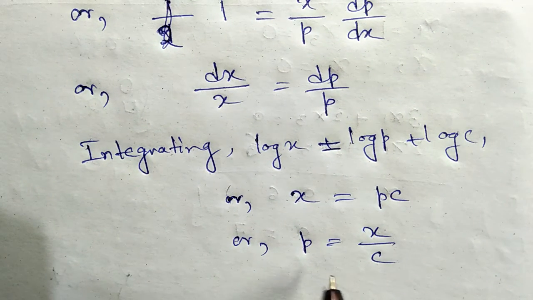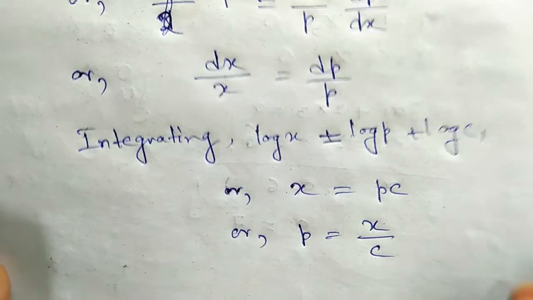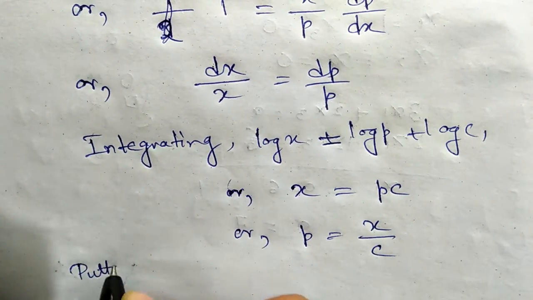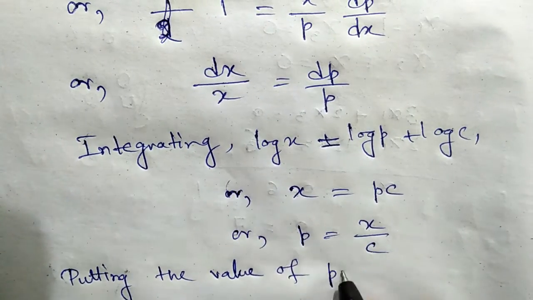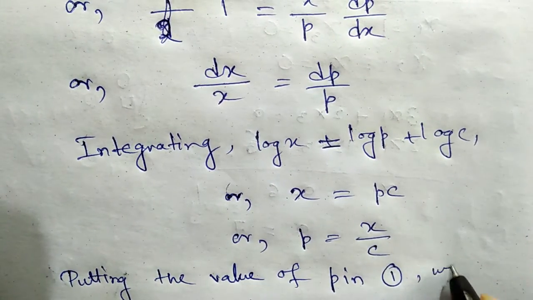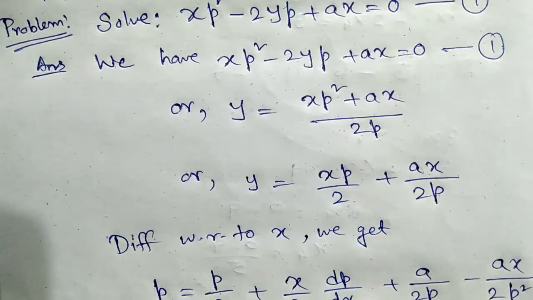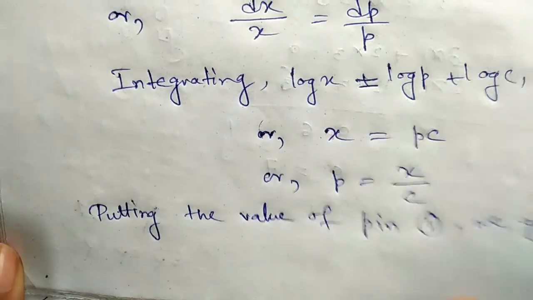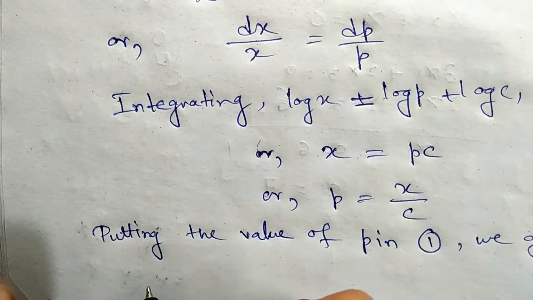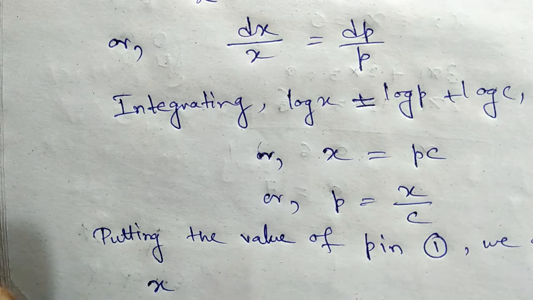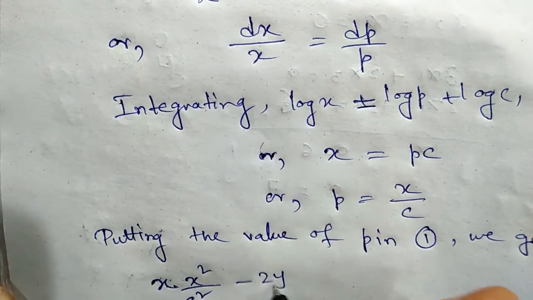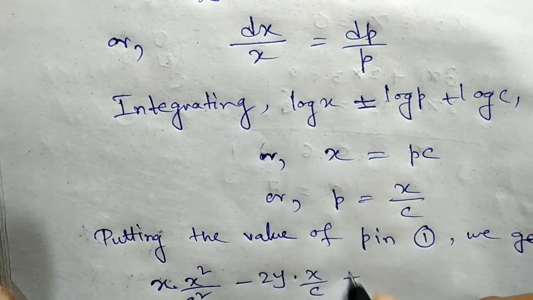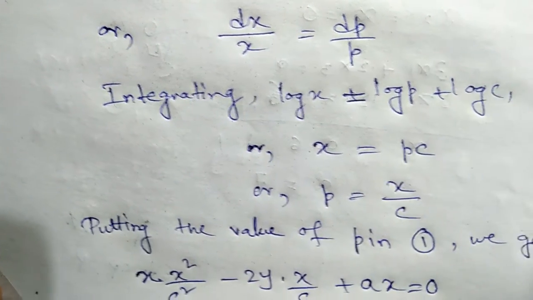Now putting the value of p in the given equation 1, we get, see, this is our given equation, x p square, so x square by c square minus 2 y x by c plus ax equal to 0.